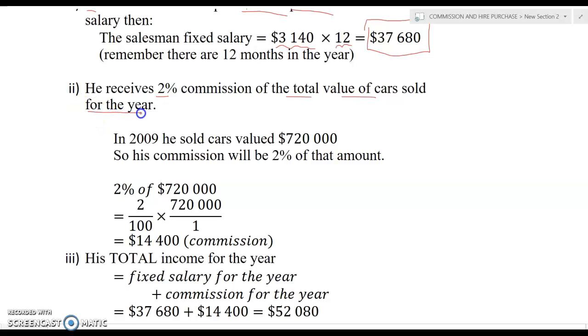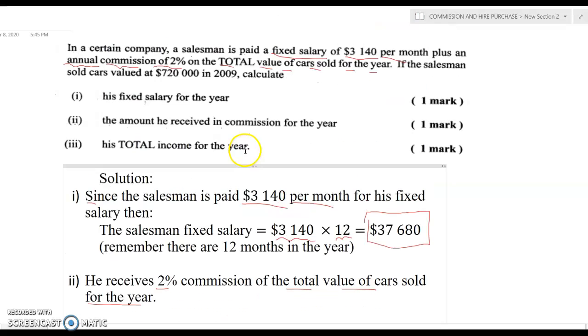And in the question, they told us in 2009, he sold cars valued at this amount. So all we have to do is find 2% of that. So that's what I have here, 2 over 100, multiplied by $720,000. Those two zeros could cancel, these two zeros could cancel, then we remain with 2 times this, right? And then we get $14,400 as his commission.